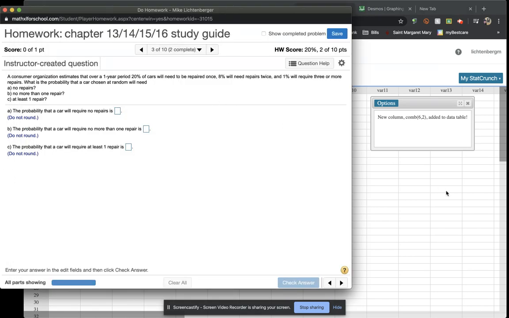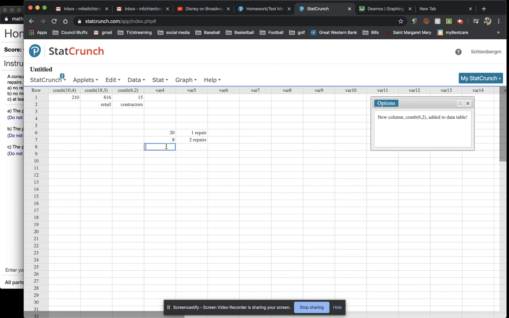And 1% will require 3 or more. So 1%, 3 or more repairs.